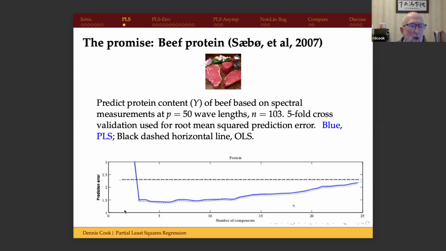If I have 1 or 2 components, I'm going to blow it. You have to be careful with partial least squares not to get the number of components too small. But if I have 3, 4, 5, 10, even up to 15, I'm going to do really well compared to ordinary least squares, even though with 103 observations and 50 predictors I can certainly compute the ordinary least squares estimator. So that's the promise of partial least squares.